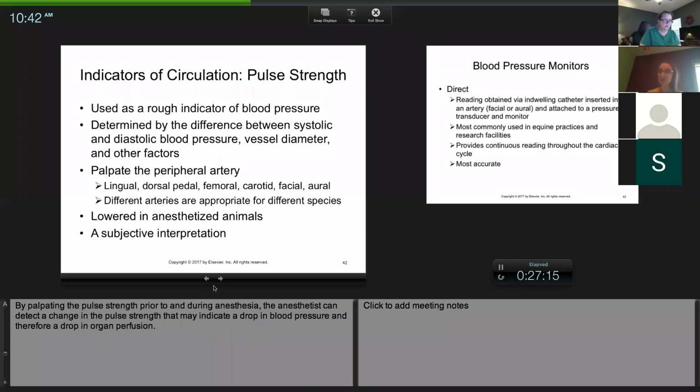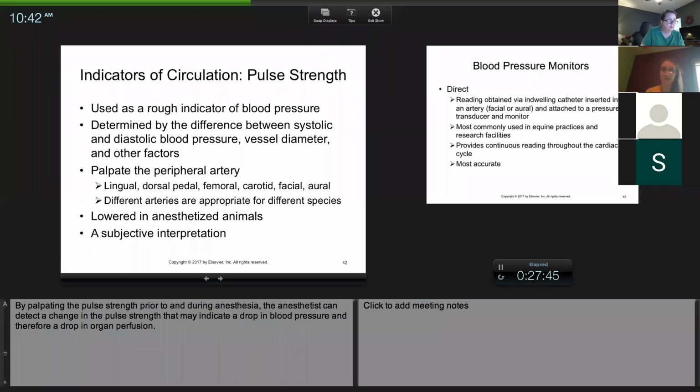Facial would mostly be if we're getting into a horse. Ear works for a rabbit or a pig as well. And the reason it's subjective, again, I've explained that your hand's cold, my hand's warm. Where did you put your hand? Things like that.